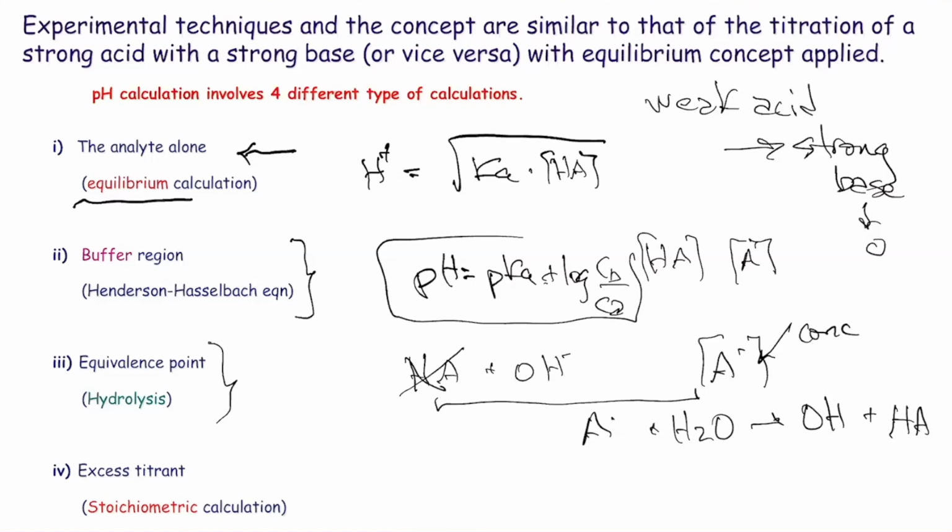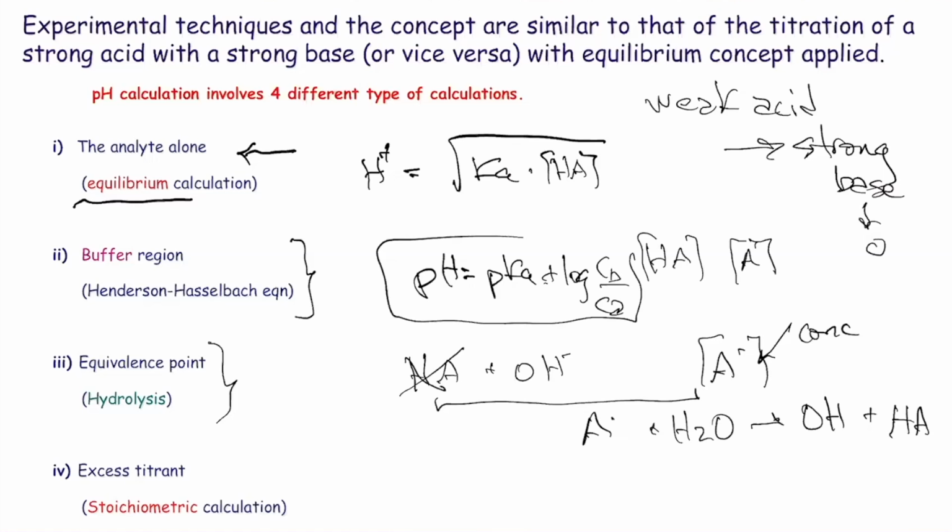Hydrolysis. Remember I talked to you guys about hydrolysis last time? It means it's reacting with water. When you neutralize all the acid and it converts over to its conjugate, that conjugate is the only thing left. But when we do our thought experiment, that now will react with water through hydrolysis. It's not a buffer. Make sure you know it's not a buffer.